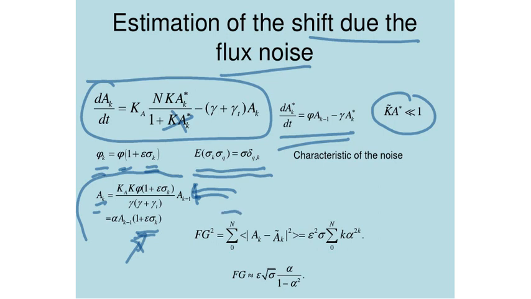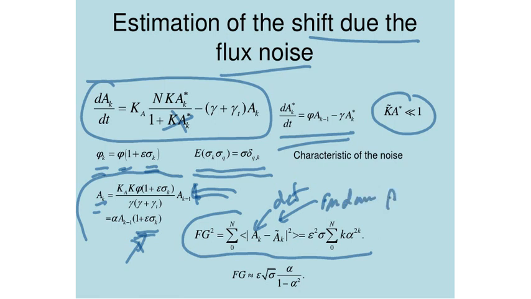If you want to see the overall effect, you have to sum and see the difference between the deterministic versus the random expression of AK. You get this sum, and this Fg squared gives you a total effect. So it's not very hard.